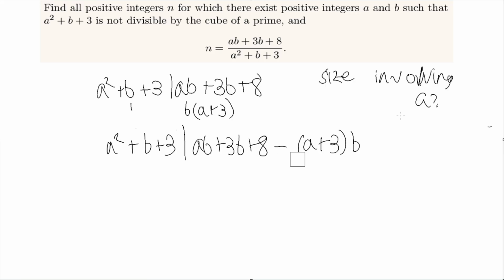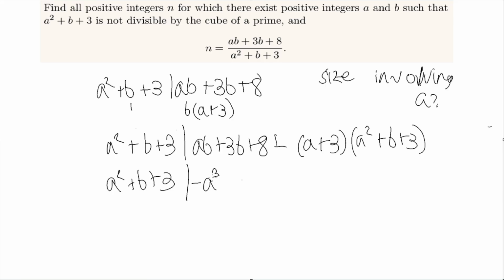And we also have to do something like a squared plus b plus 3, because we can't just subtract by b. And when we do this, we get a squared plus b plus 3 divides, I think, negative a cubed minus 3a squared minus 3a minus 1, if you expand it out.